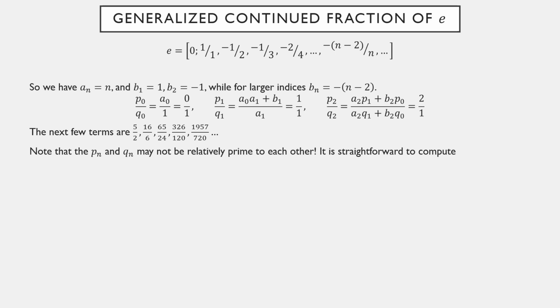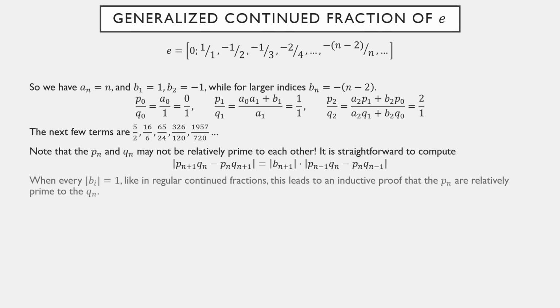In fact, it's straightforward to compute that Pn plus 1 Qn minus Pn Qn plus 1. Back in the land of regular continued fractions, this was always a power of minus 1, so in absolute value it was 1, and this was our proof that the Pn and Qn are always relatively prime to one another. But here, if you make your recursive substitution for Pn plus 1 and Qn plus 1, there's going to be a Bn plus 1 that factors out in absolute value.